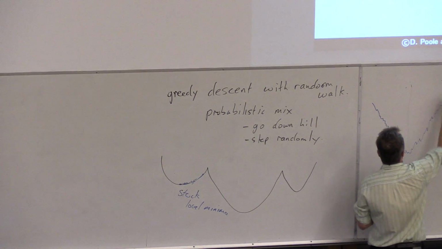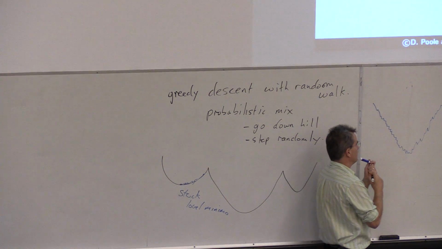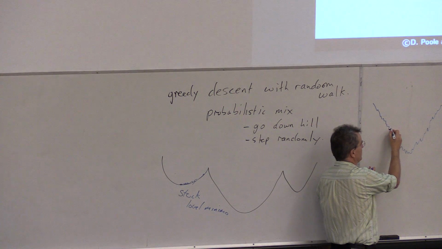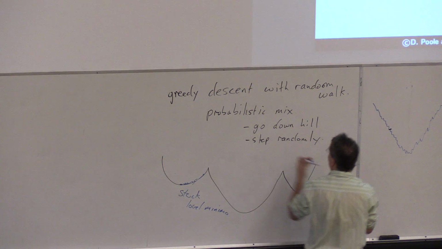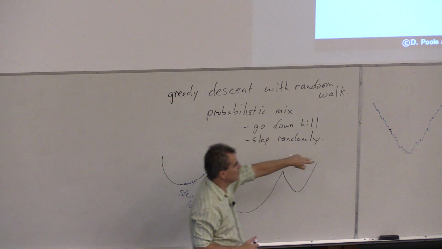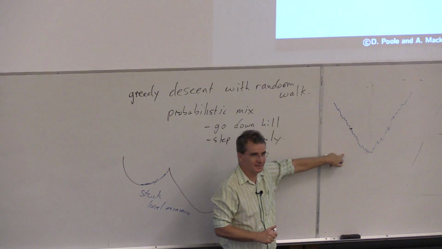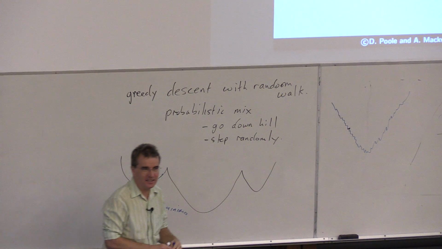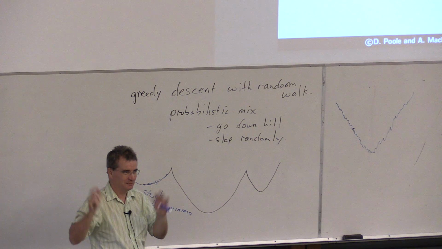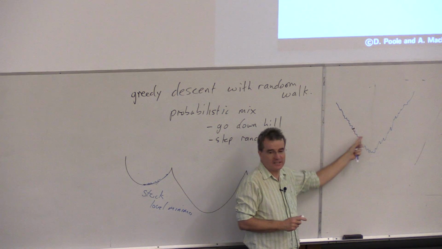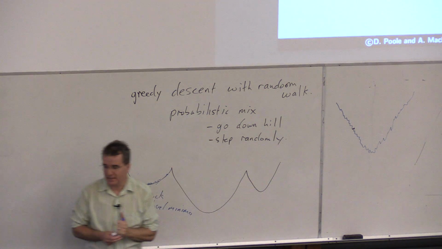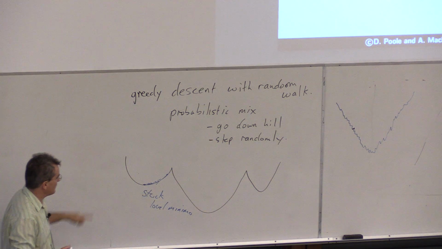When we're in one of these local minima, it takes very few steps to get out of it, and so this algorithm tends to work really well on graphs that look like this. Now try and imagine it in a million dimensions, and you can't, but that's fine. But this is essentially what happens. Some of these local minima you can escape with a few random walks, but some of them you can't.